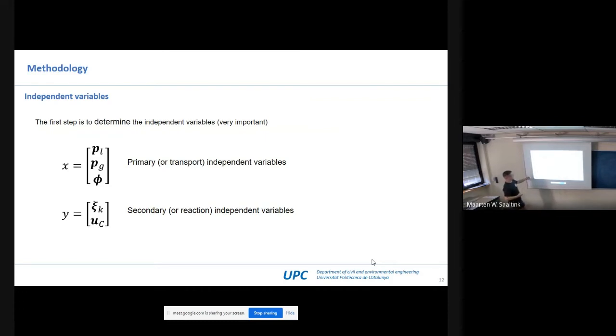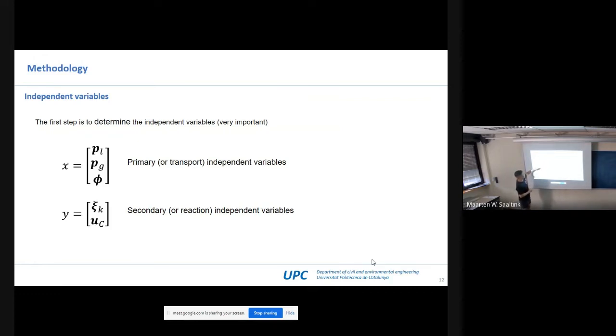So we will not solve x and y altogether. We first solve the transport independent variables, and then we solve the reaction independent variables. If we solve them together, the matrix will be very huge and it's difficult to control. But if we split them, things become clear.